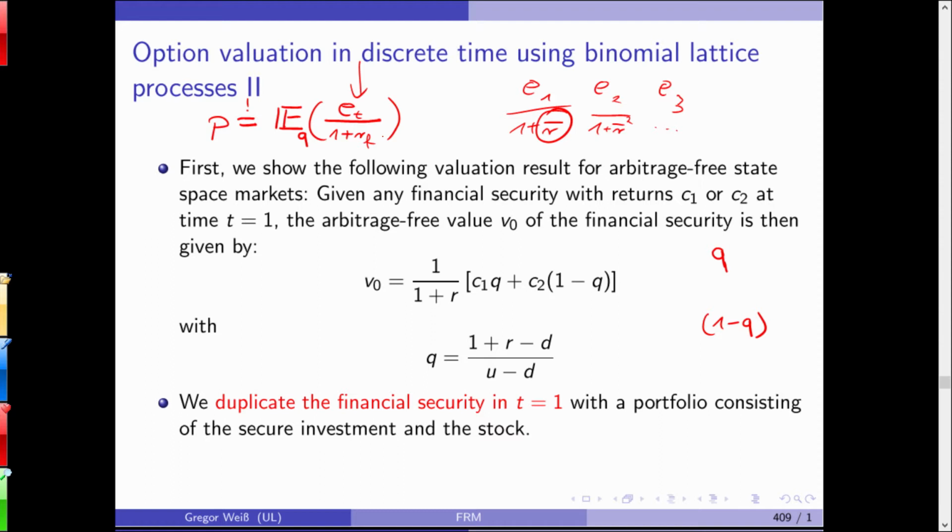This set of probabilities is called a probability measure, Wahrscheinlichkeitsmaß. Those of you who study financial mathematics or mathematics might know what a probability measure is. These probabilities are called risk-neutral probabilities. Why? Because they can be used to assume that each and every investor is risk-neutral. And if an investor is risk-neutral, you are discounting with the risk-free rate.